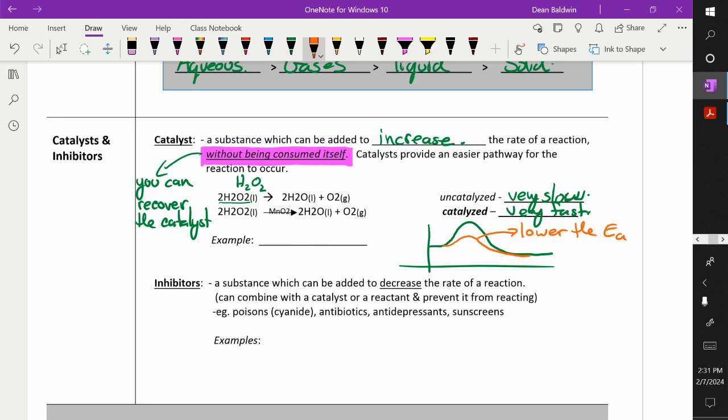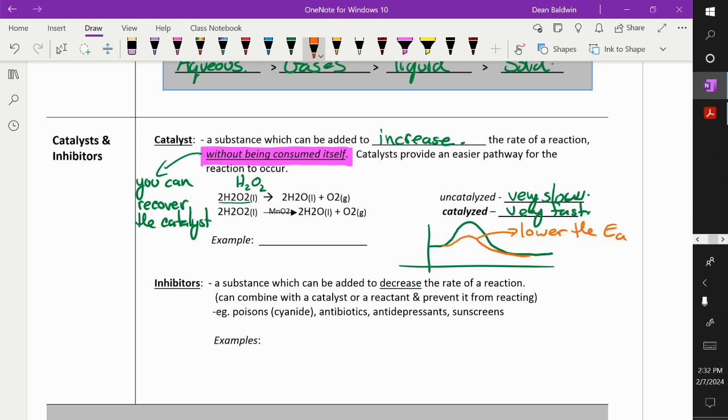Wait, so is lowering the activation energy including threshold? For us, yeah. So it lowers the activation energy by helping to orientate the molecules or providing a surface where the reaction can take place. So you sort of limit the amount of geometry that needs to happen.